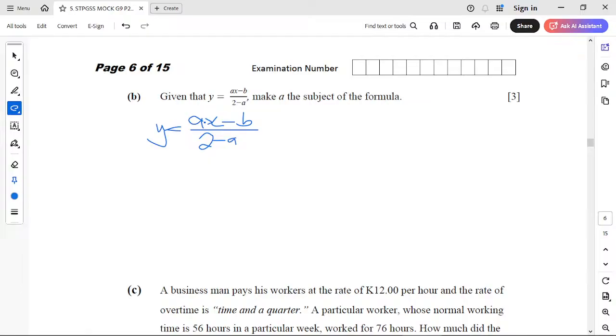Okay, so what do we do now? First of all, we need to get rid of the fraction. So that means we multiply both sides by 2 minus a.